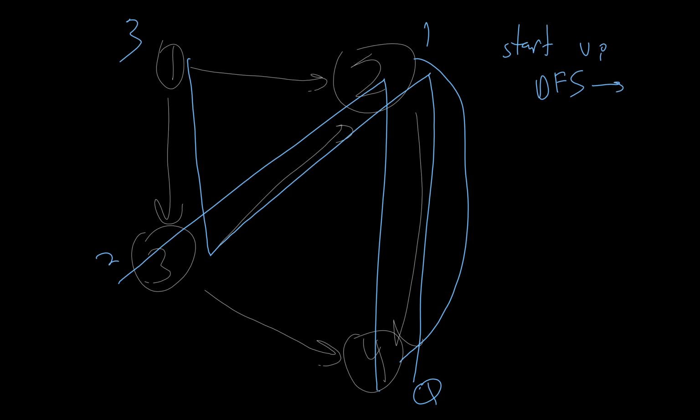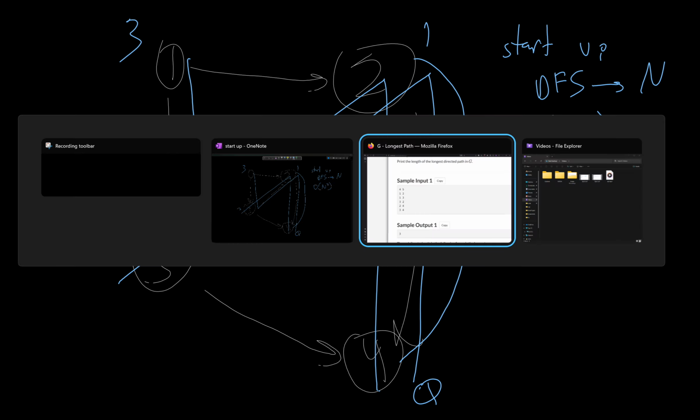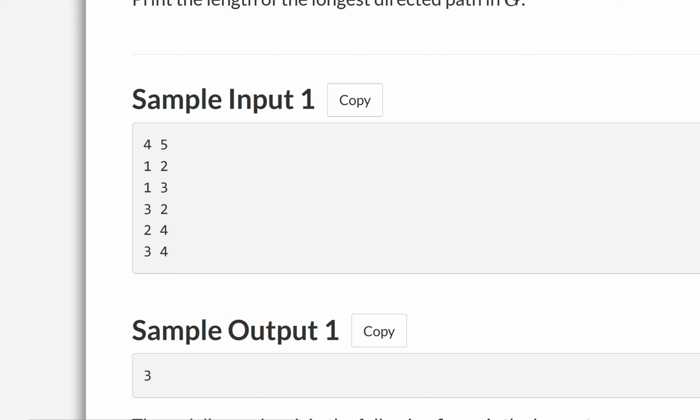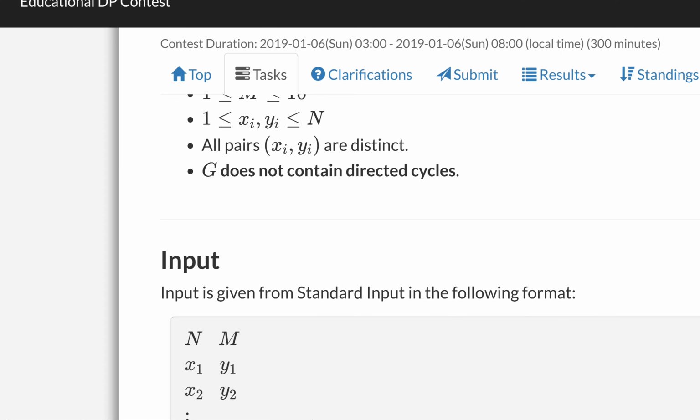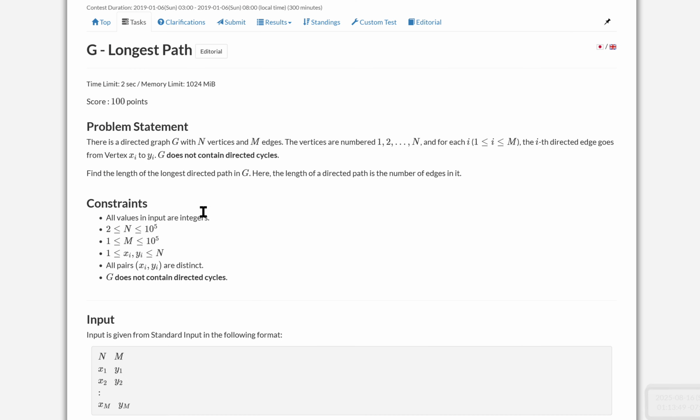So this can take up to n, so the O of this would be n squared, because you'd potentially be going through all of the vertices in your path. So that's clearly too much if it's 10 to the power 5. So let's see what we can do.